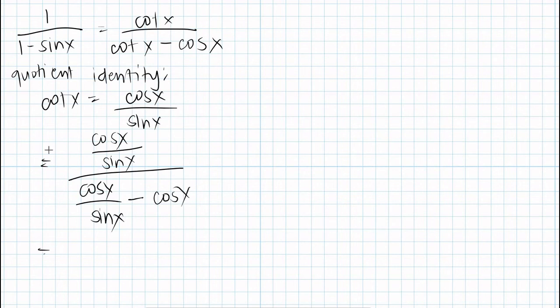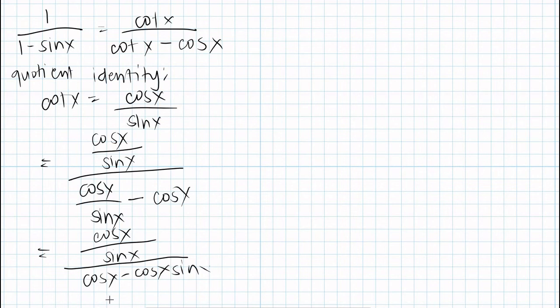And then we can simplify the denominator by making it cosine x over sine x minus cosine x times sine x over sine x.